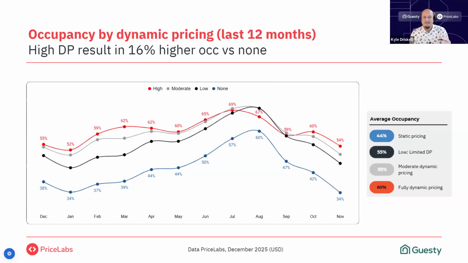But you can see that even by having low and limited dynamic pricing, maybe you're just going in and filling your gaps, or working on certain seasons, you are gaining a lot in the market. I'm just presenting occupancy here because ADR is going to be very market specific. But if you are adjusting and picking up on demand trends quickly, you're also going to be able to help that ADR rise as well.